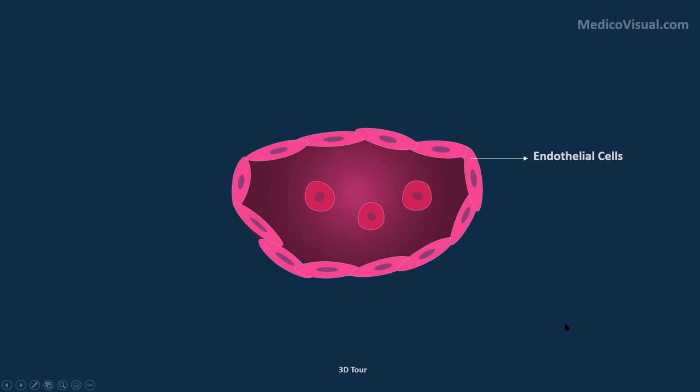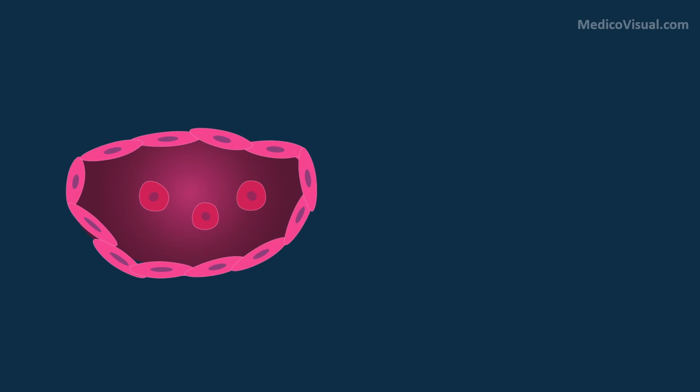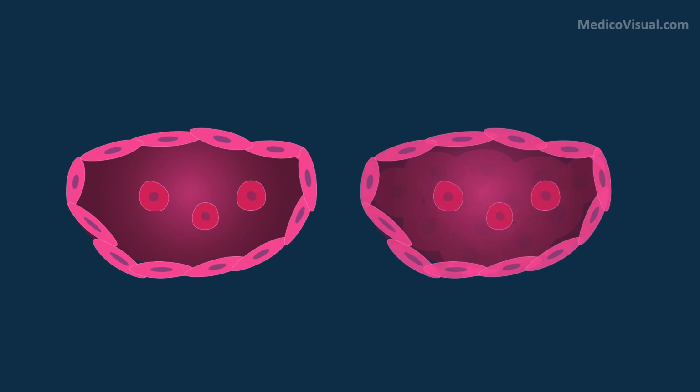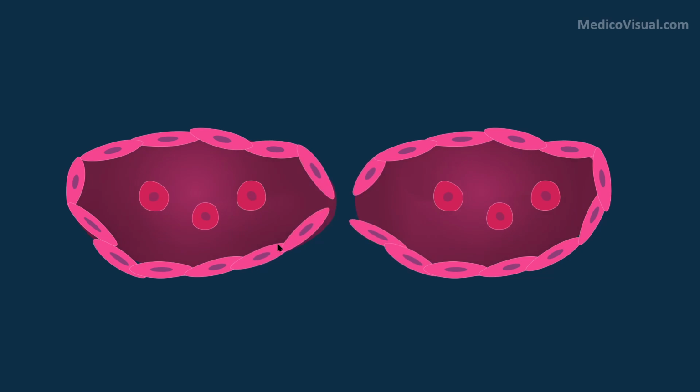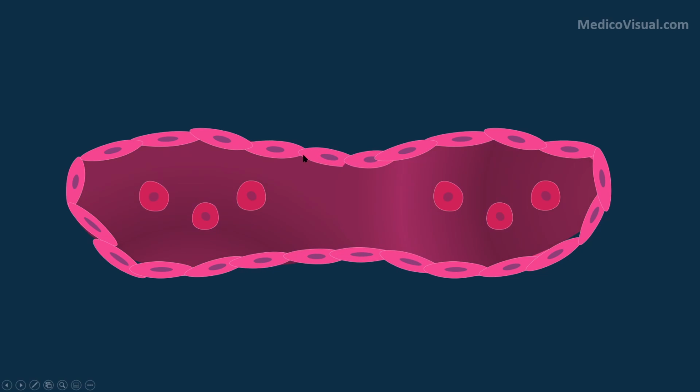So let's move forward. Now of course this is not a single lonely blood island. It has some neighbors, and within its neighborhood there are some other blood islands as well. These endothelial precursor cells will rearrange themselves in such a way that the lumens of these two blood islands will coalesce together and a long vascular cord will be formed.